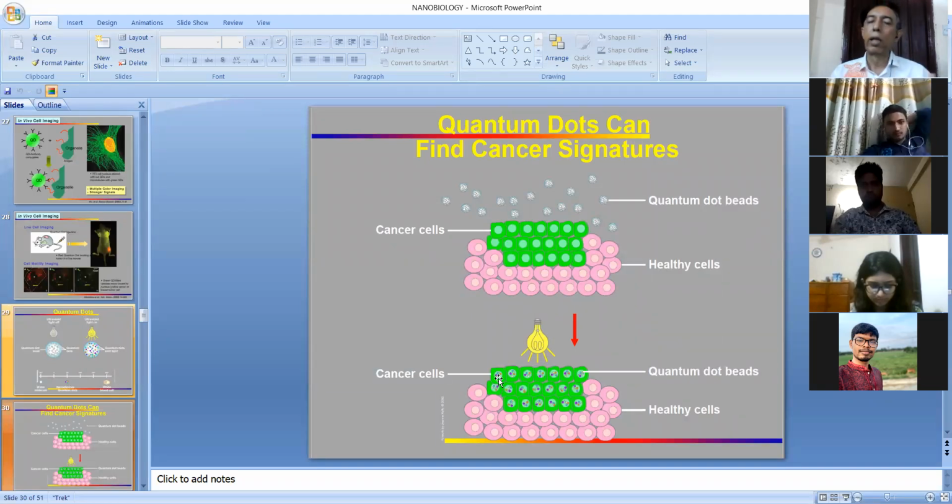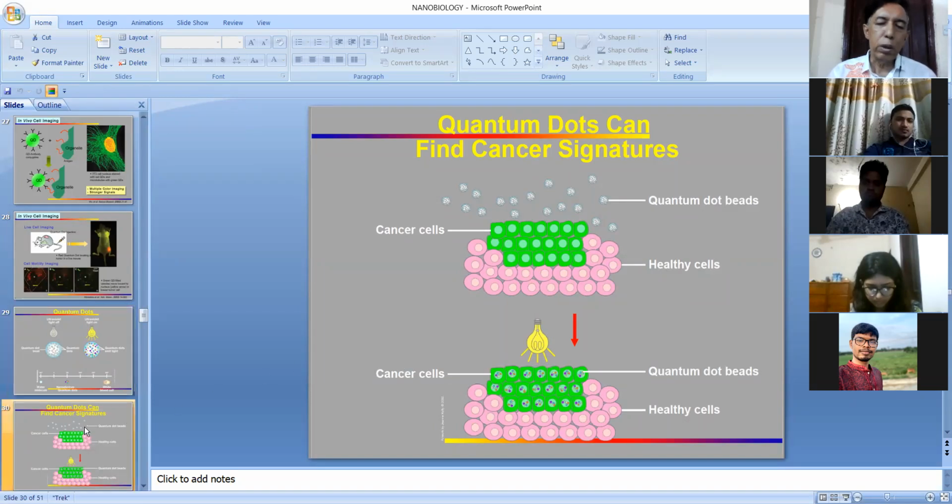Not all quantum dots, but some quantum dots have a unique property to be accumulated on the cancerous cells.